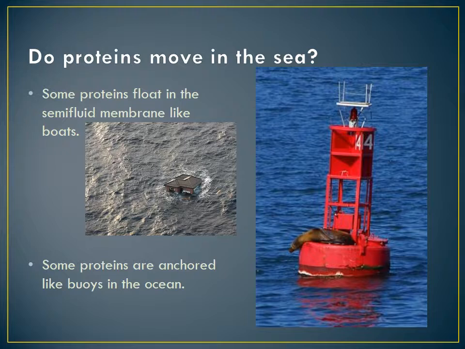So the cytoskeleton is going to be responsible for keeping those proteins anchored, keeping them in one spot. What component of the cytoskeleton gives the cell its form?